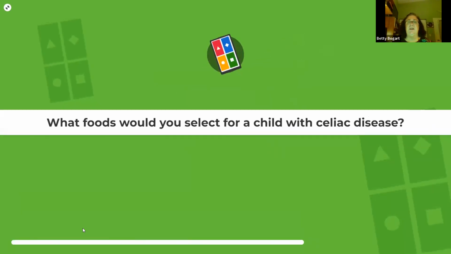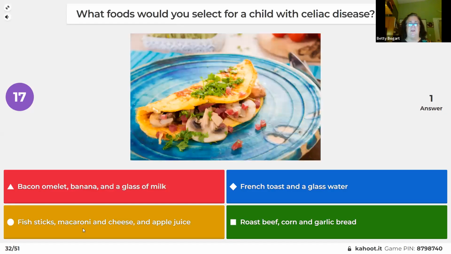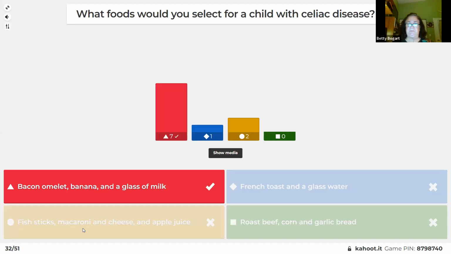What foods would you select for a child with celiac disease? What did I tell you to look for and to keep away from? Anything with bread, macaroni, you don't want it.